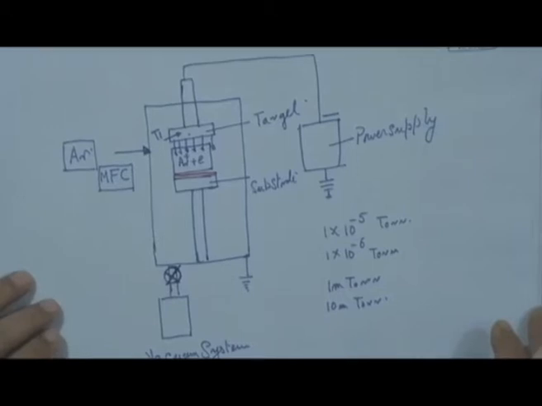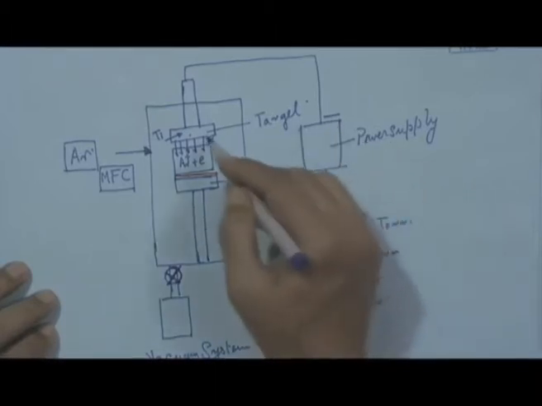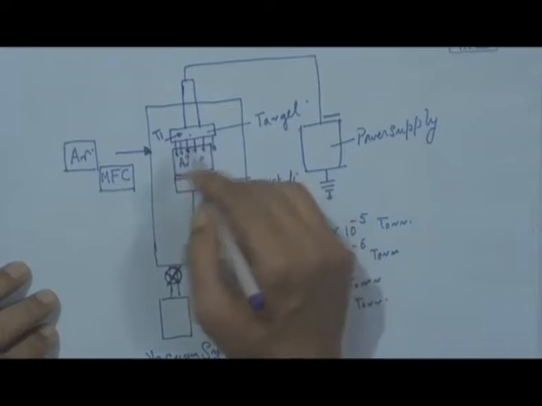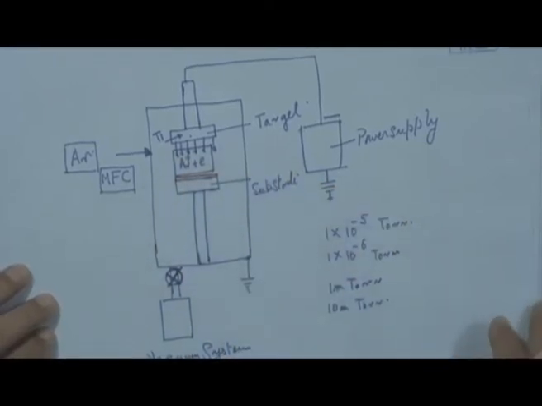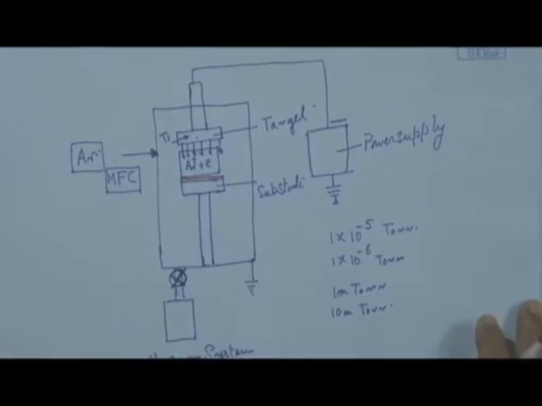This is called a DC planar diode, because it is working in DC mode, it is like a diode, and it is a plane surface.